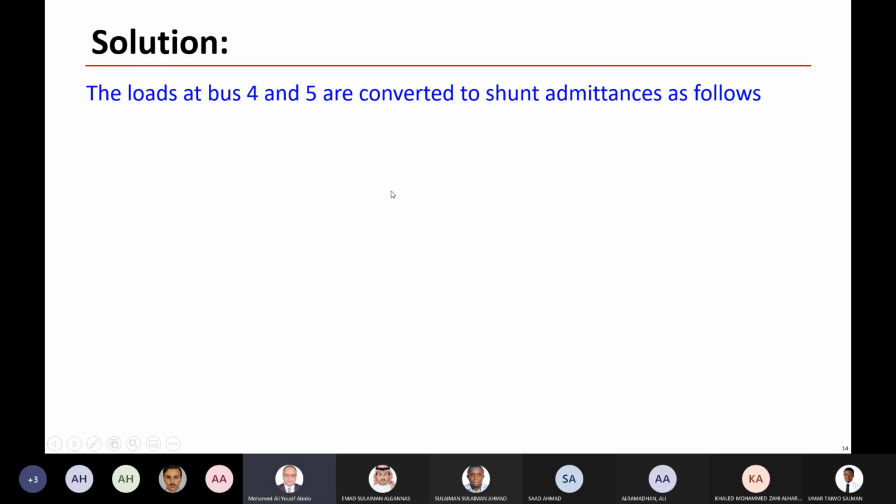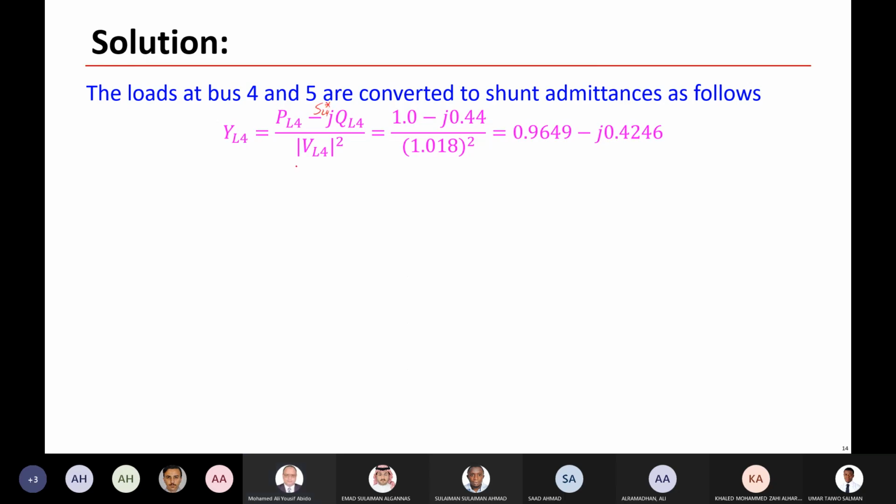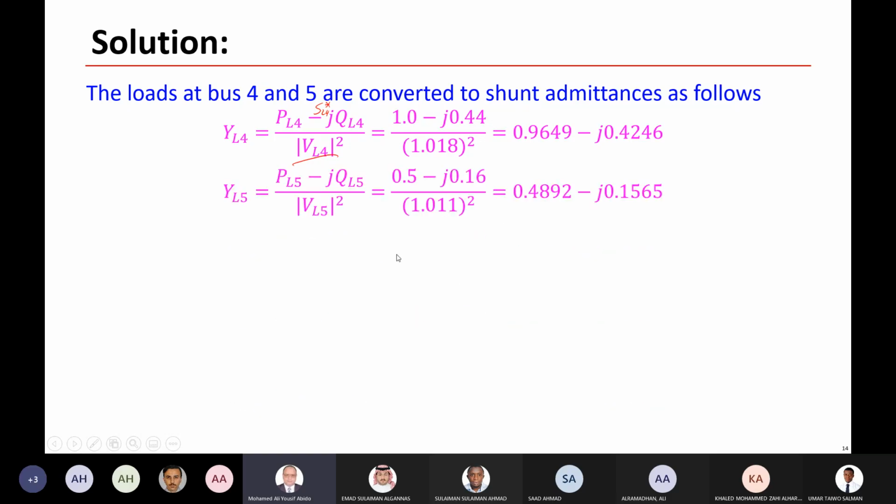Having the P load and the Q load and the voltage at the load buses, we can convert: YL4 equals SL4 conjugate over the square of the magnitude of VL, since V times V conjugate is the magnitude squared. So in this case, this is the load number 4 conjugate over V4 squared. So you end up with this YL4, and YL5 will be calculated in a similar way.